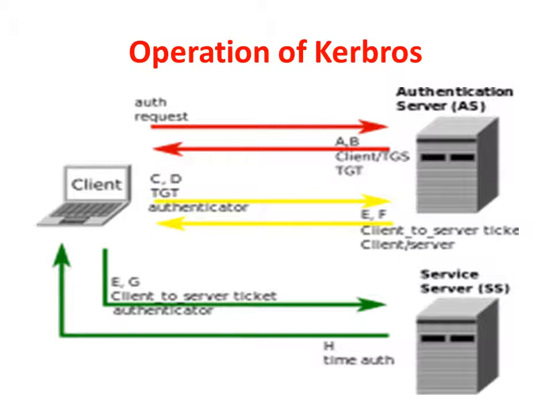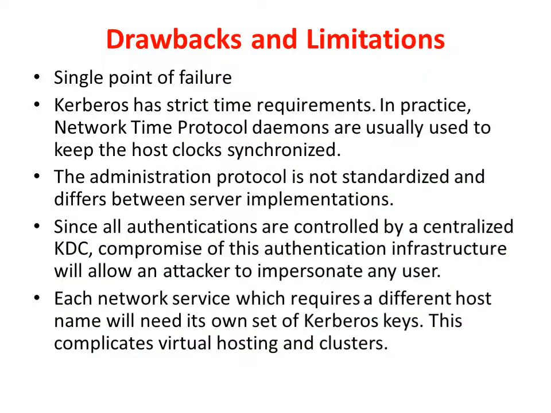But as soon as the ticket expires, the user must request a new one from the ticket granting server. The major issue with Kerberos is its scalability. The Kerberos server must store secret keys for each of the users and each of the ticket granting servers.